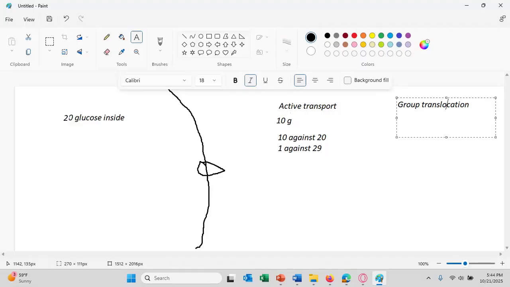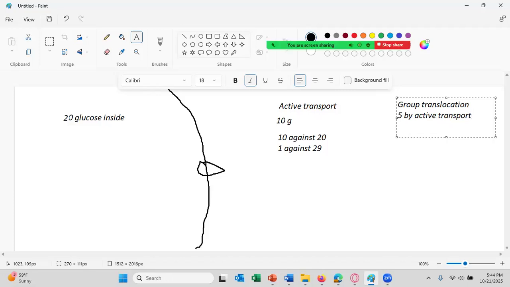So the last one will be 1 versus 25, which is bad, but it's not as bad as 1 versus 29. And then the other 5 are moved by group translocation.